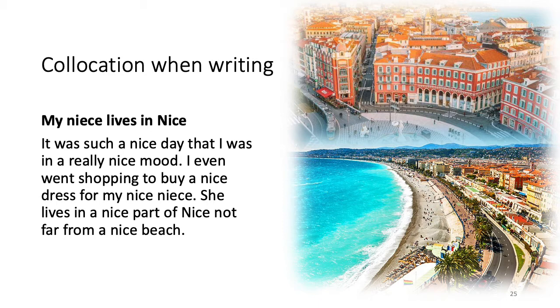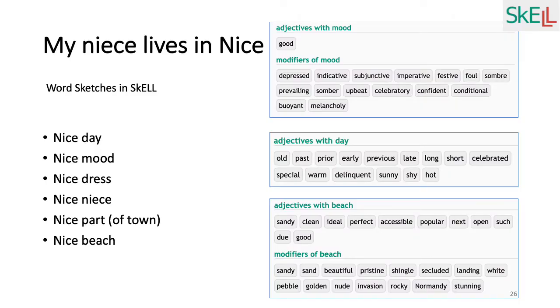And the task for students is obviously to replace nice with appropriate adjectives that go before these nouns. So we're not looking now for synonyms of nice, we're looking for collocations of the words.